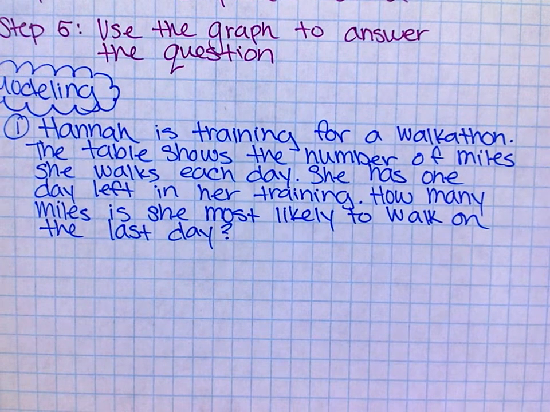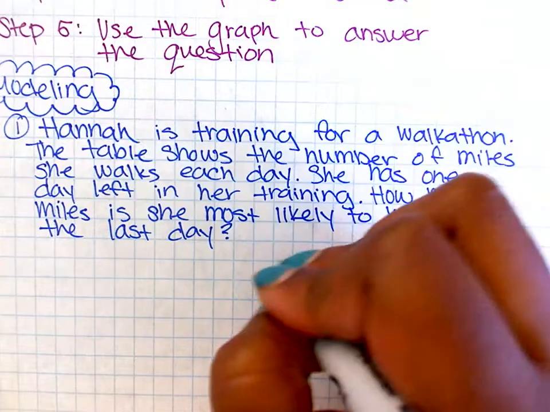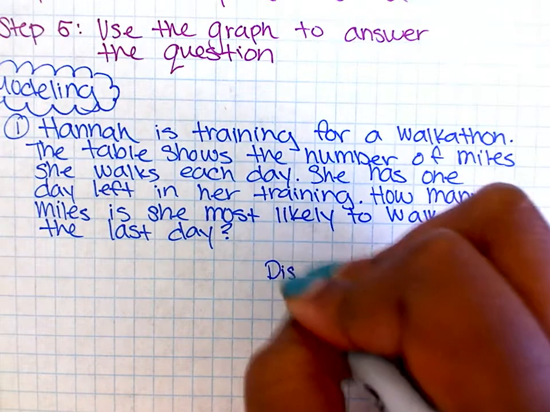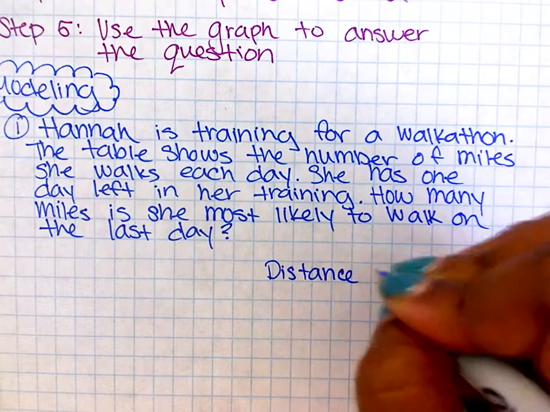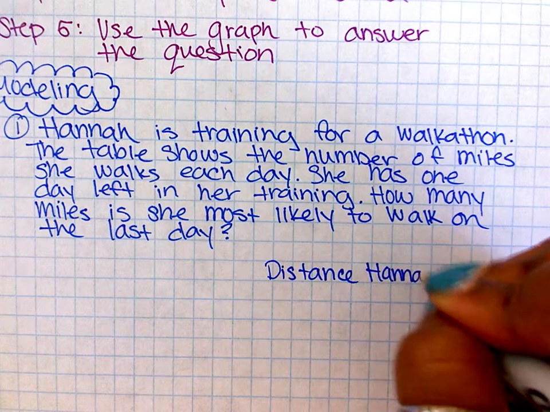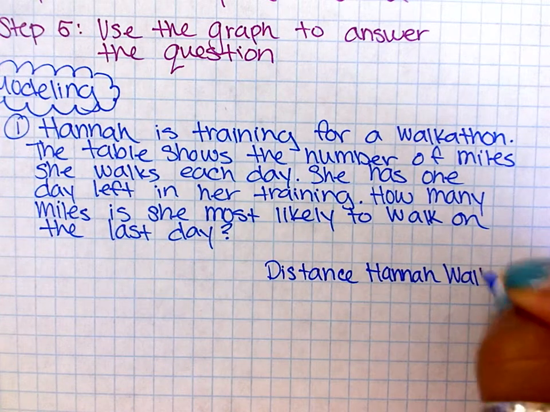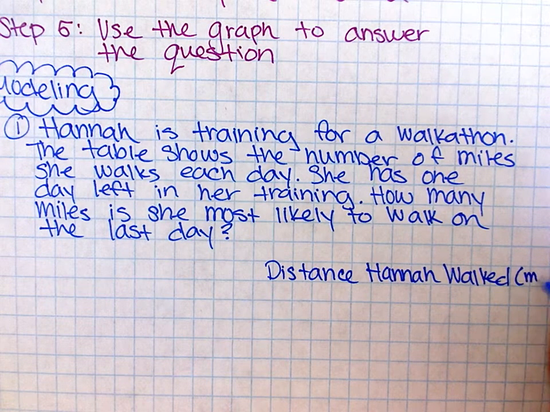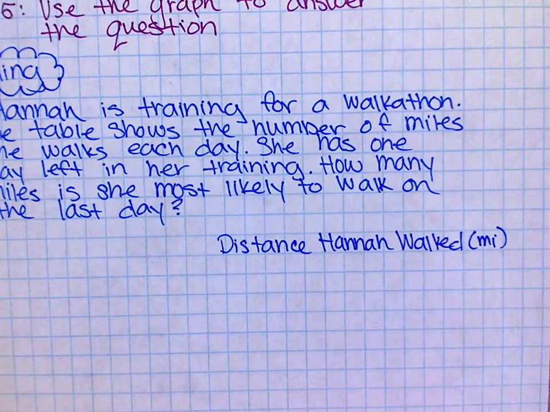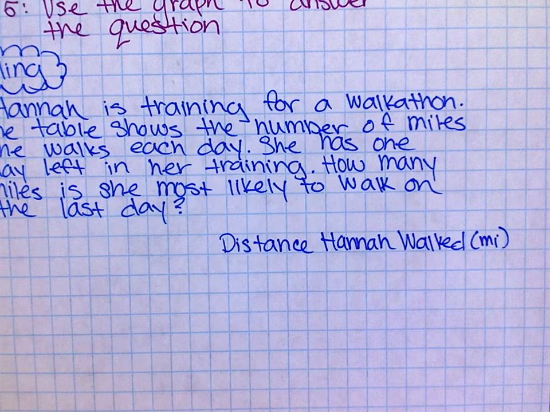So again, Hannah's training for a walkathon. The table, which we're going to draw right now, shows the number of miles she walks each day. She has 1 day left to train. So how many miles is she most likely to walk on the last day? So we're going to put distance. Hannah walked over here on the right side of our paper. We're going to do the distance Hannah walked in miles on the right side of our paper.